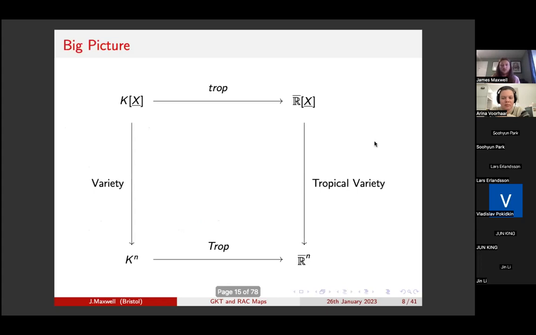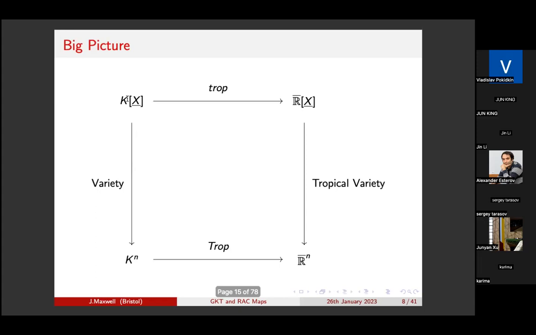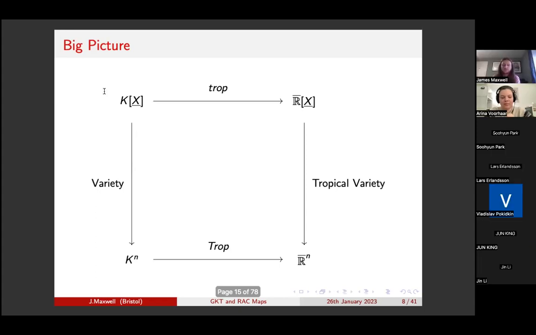The big picture here is that we can look at this square, this diagram, and understand how these different operations interact. The one across the top, again, I seem to have dropped the star, so imagine there is a subscript star here. This takes polynomials in n variables over the field and tropicalizes them, as we just said, adjusting the arithmetic to tropical arithmetic and taking a valuation of the coefficients.